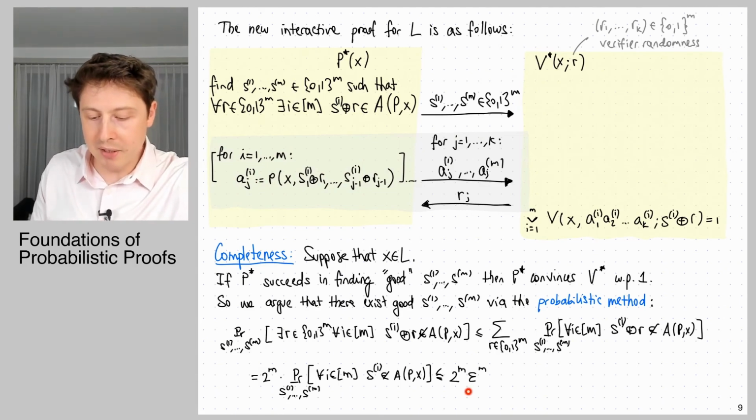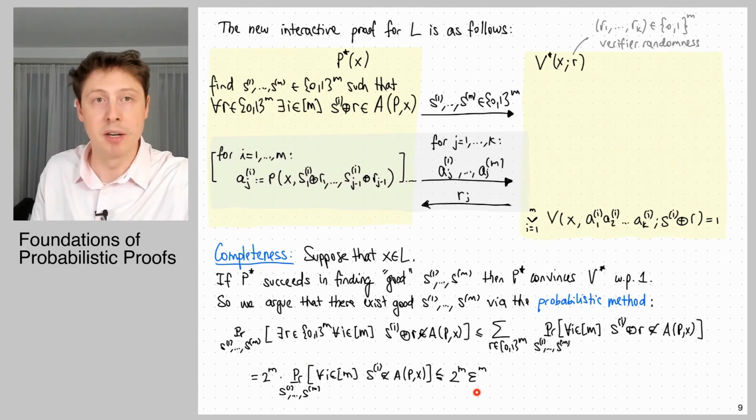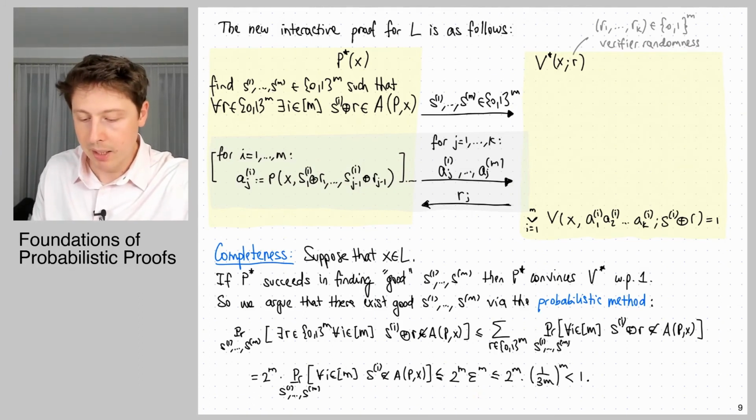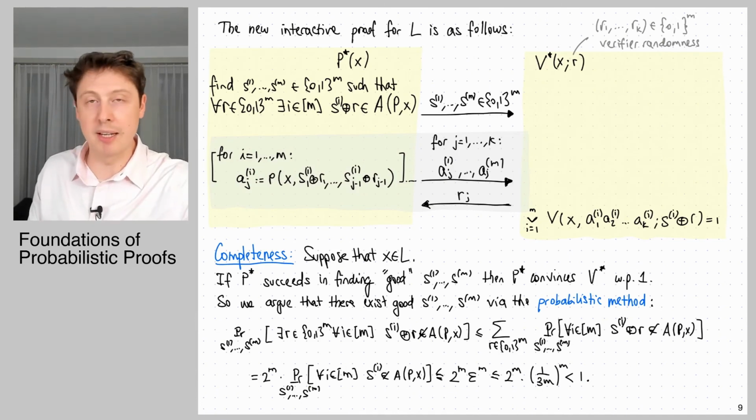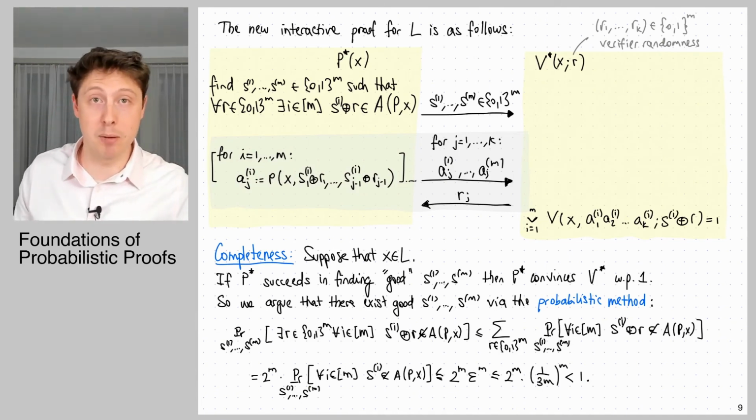Okay, but those are independent events, so for each of them, the probability is at most the size of that set, so it is epsilon. And we have m such things, we're asking all of them to be outside, so it is epsilon to the m. Well, epsilon we assumed was at most 1 over 3 times m, and this entire thing is strictly less than 1. It's not just strictly less than 1, it's much less than 1.